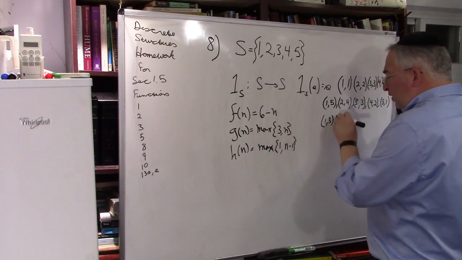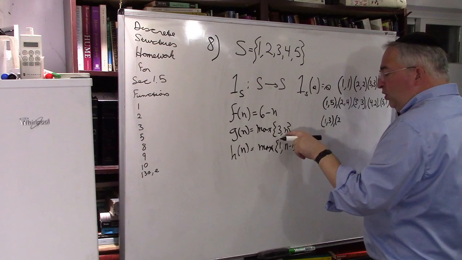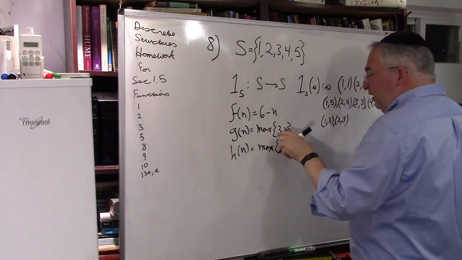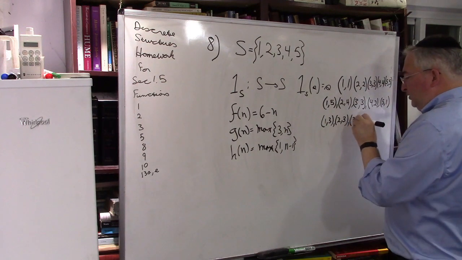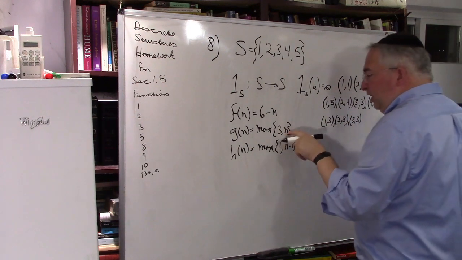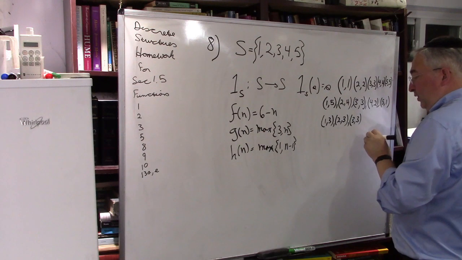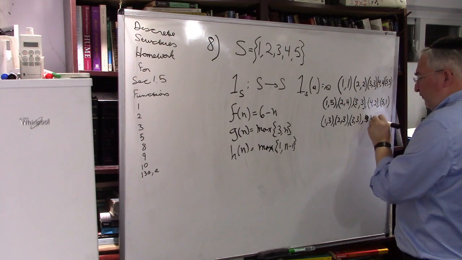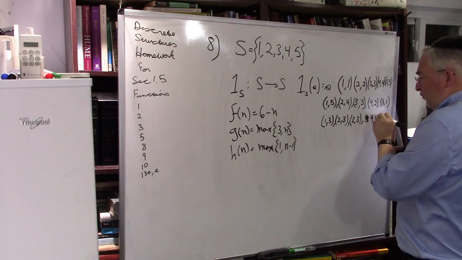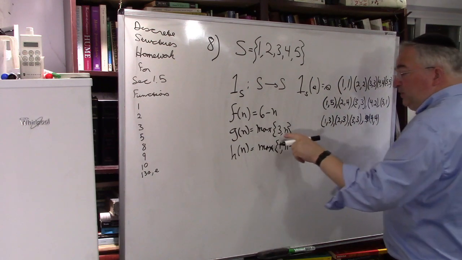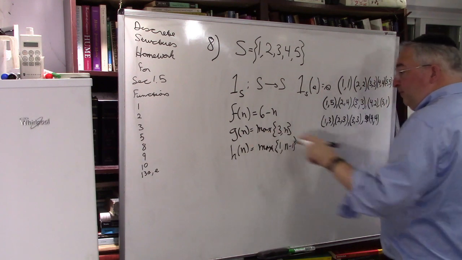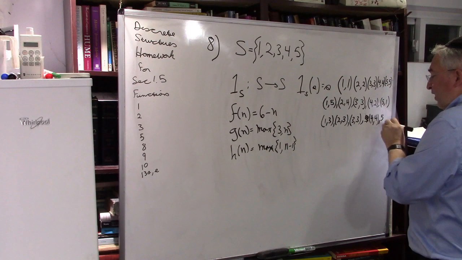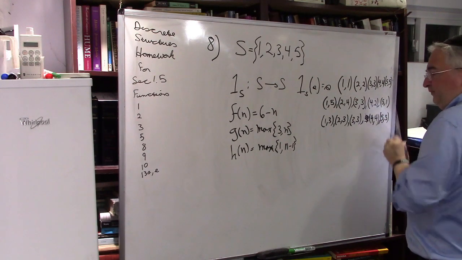What's larger, 3 or 2? Answer 3. What's larger, 3 or 3? Answer 3. What's larger, 3 or 4? Answer 4. So if I put in 4, the output will be 4. What's larger, 3 or 5? And the answer is 5. So if I put in 5, the output is 5.